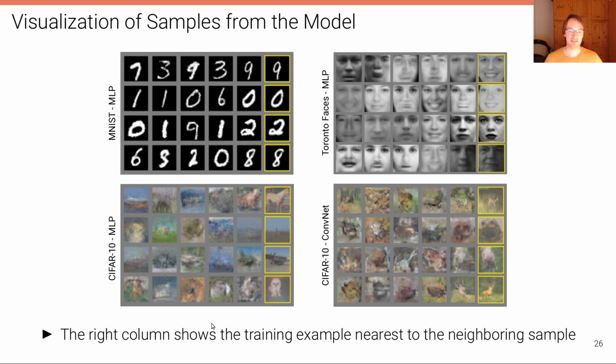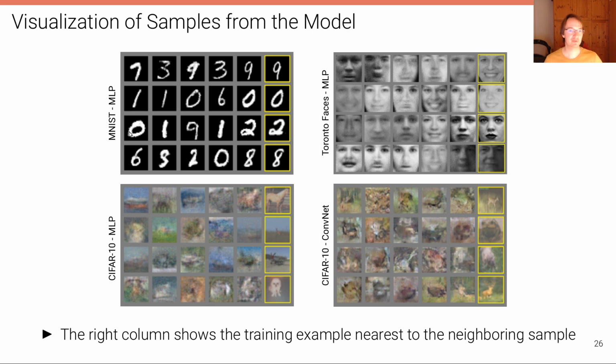In all of these cases, the rightmost column shows the training example nearest to the neighboring sample, just to demonstrate that the model didn't learn the samples by heart. It generates something that's similar, but it's not identical. It's not just memorizing the data set.